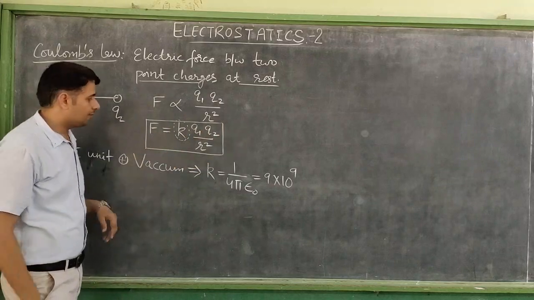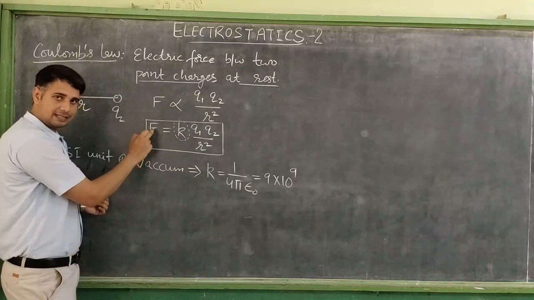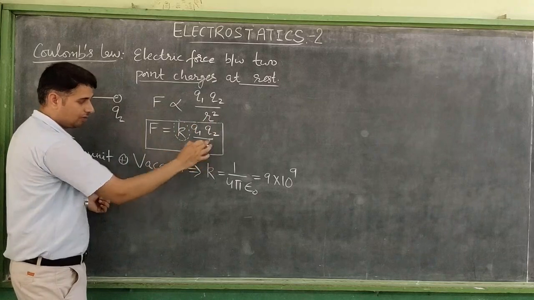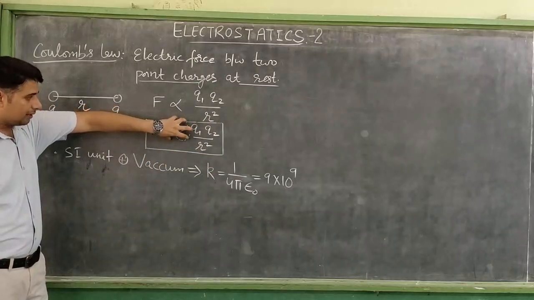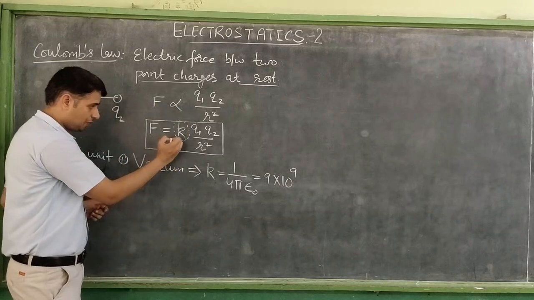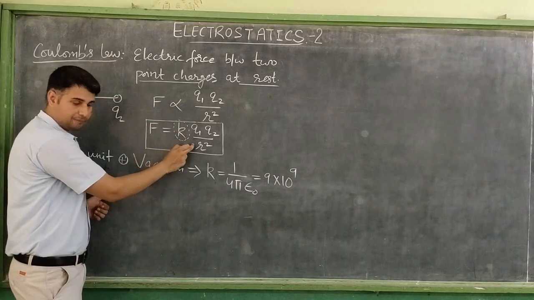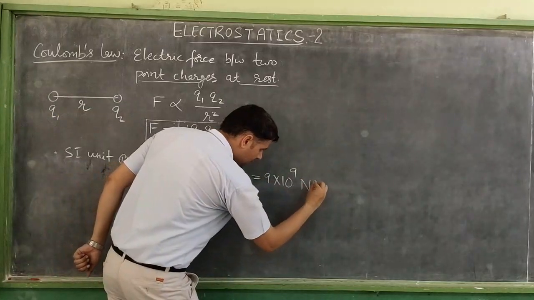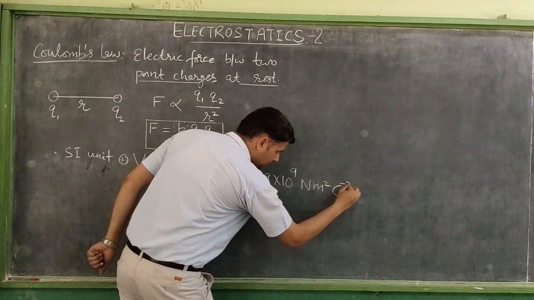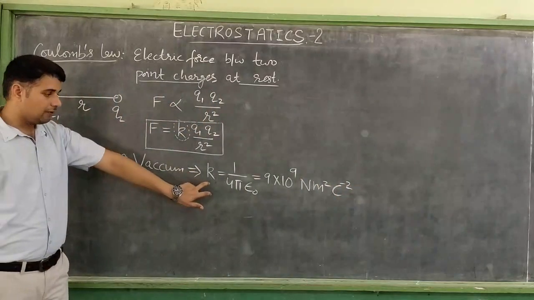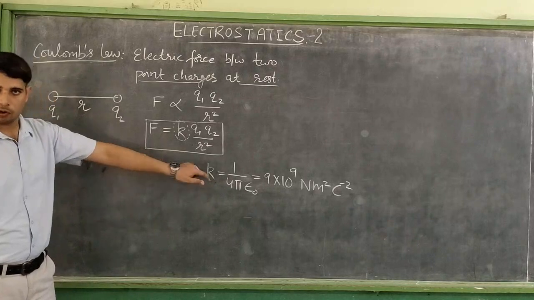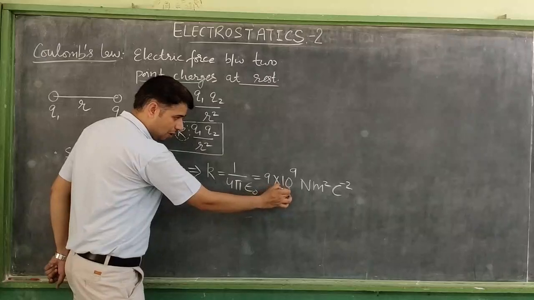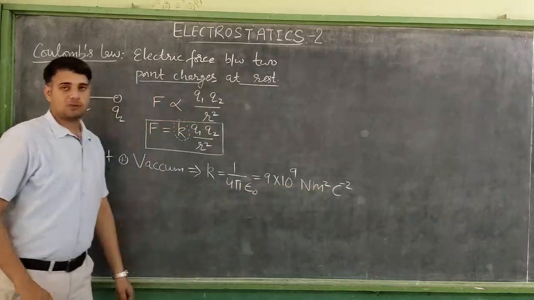To find the SI unit of k, we simply need the SI unit of each parameter in this formula. On the left-hand side, force has SI unit Newton. Q1 Q2 will be Coulomb into Coulomb. r square will be meter square. So the SI unit of k is Newton meter square divided by Coulomb square. So the numerical value of this constant of proportionality k, that is 1 by 4 pi epsilon naught, is 9 into 10 raised to power 9 Newton meter square per Coulomb square.